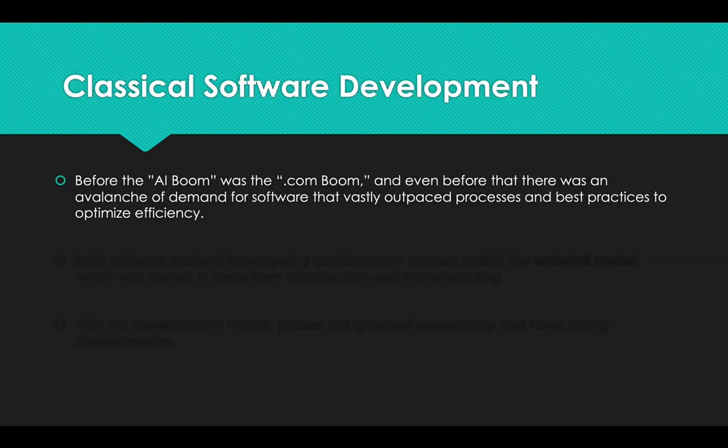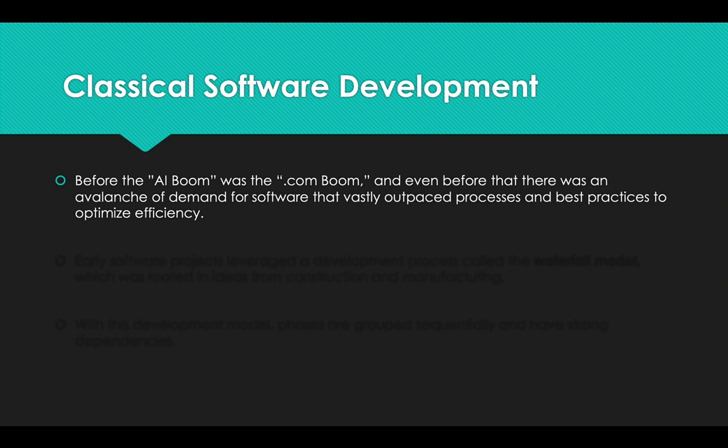So if we drill down into how things used to be, the classical software development model, before we were talking about artificial intelligence, we were really talking about the dot-com boom, the idea of putting all of the information that we had on the internet, building websites that would let you do things like schedule appointments or display the menu for your restaurant and that kind of thing.